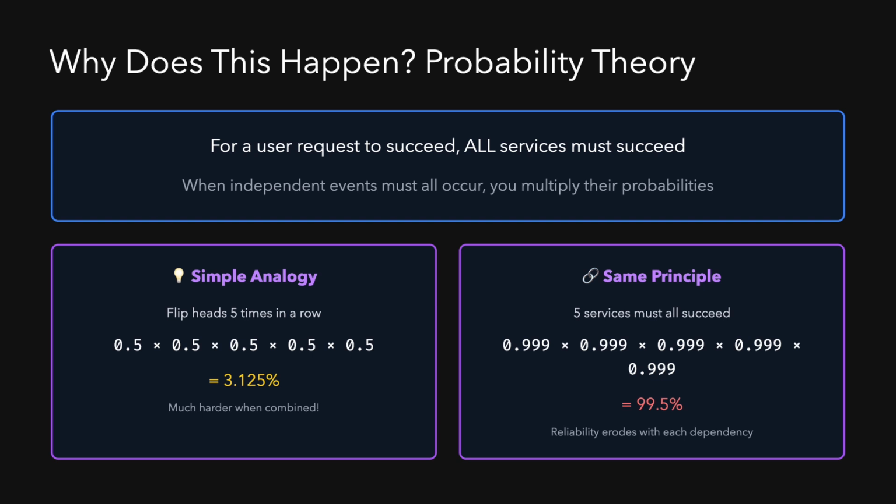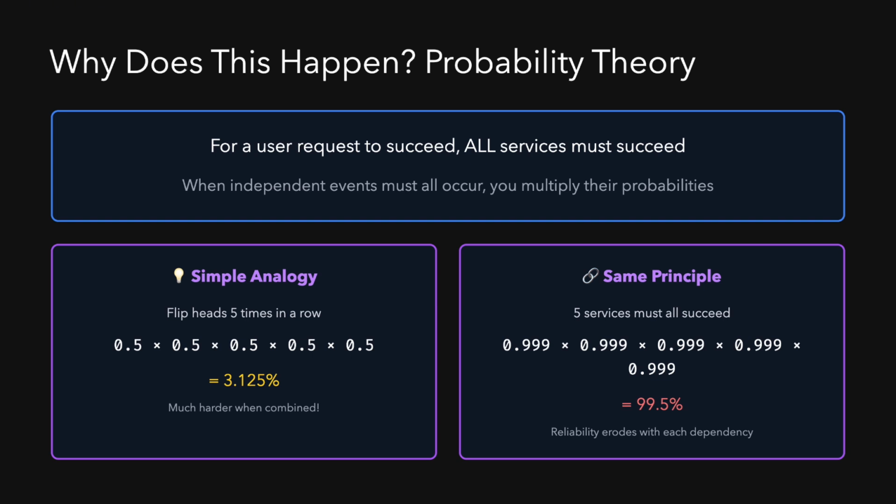Each flip is 50%, but getting all 5, that's 0.5 × 0.5 × 0.5 × 0.5 × 0.5, which equals 3.125%, much harder when combined. The same principle applies here. 5 services, each with 3 nines reliability, combine to give you 2.5 nines journey reliability.